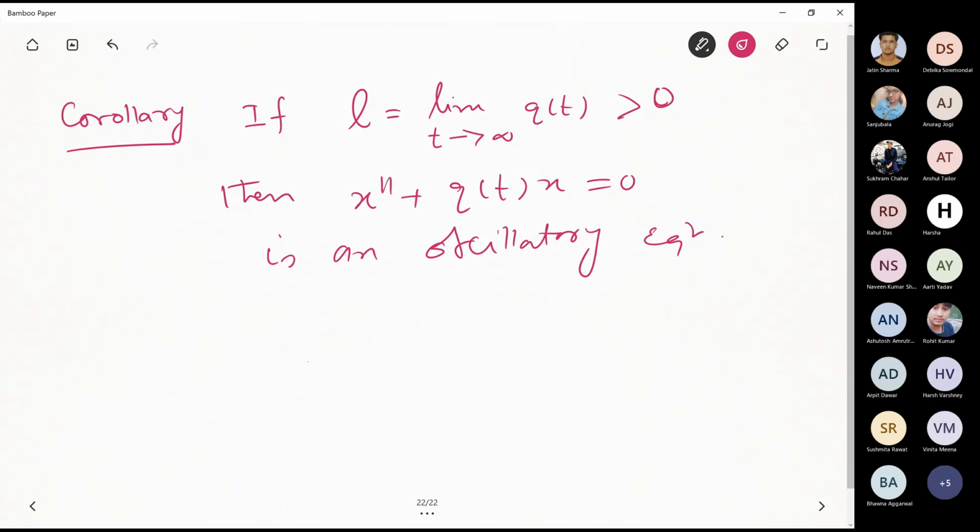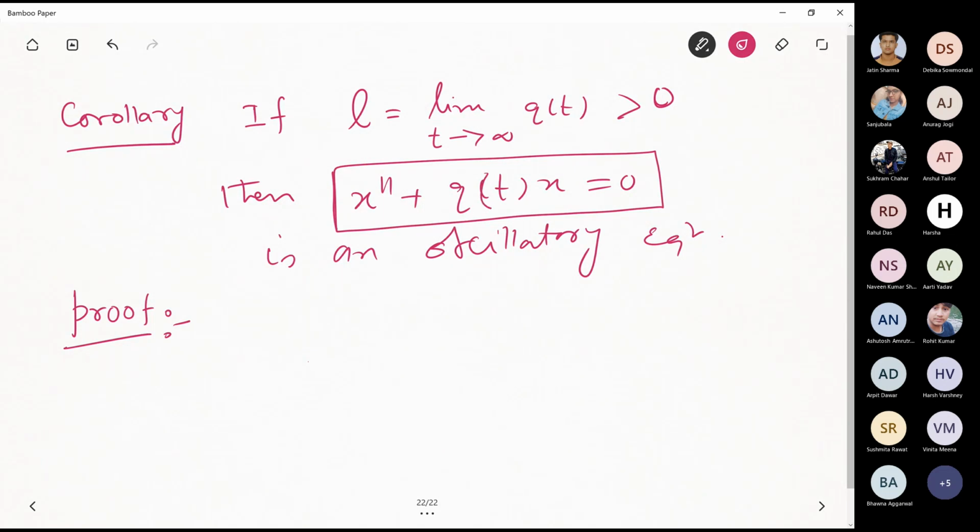Why is that? We get trigonometric solutions to solve this. That's why this becomes oscillator. No, this is q(t). Q is a function of t.